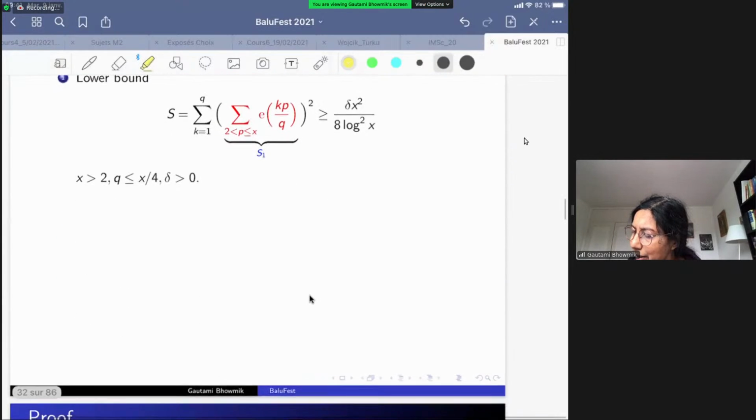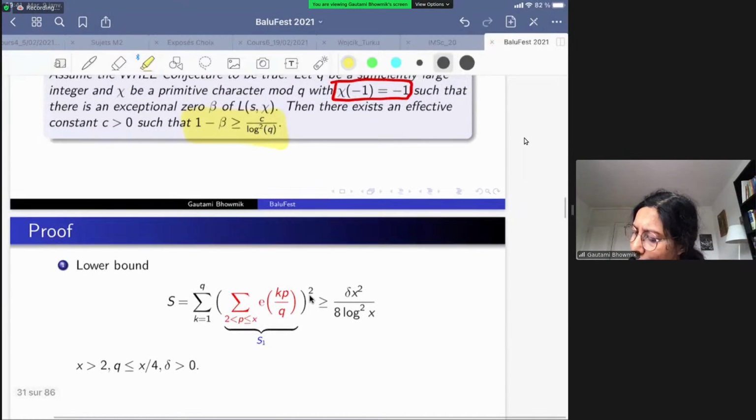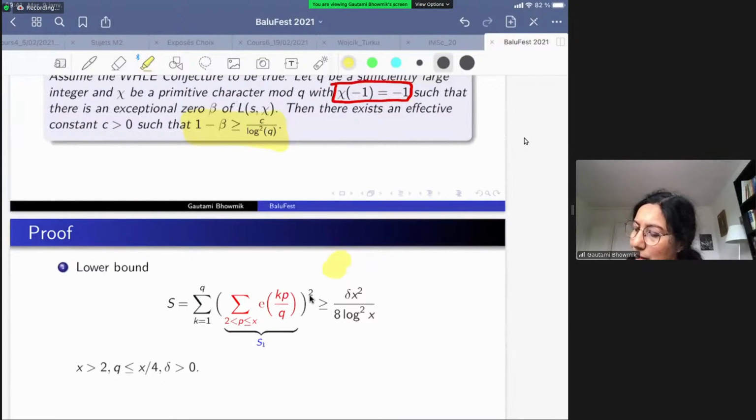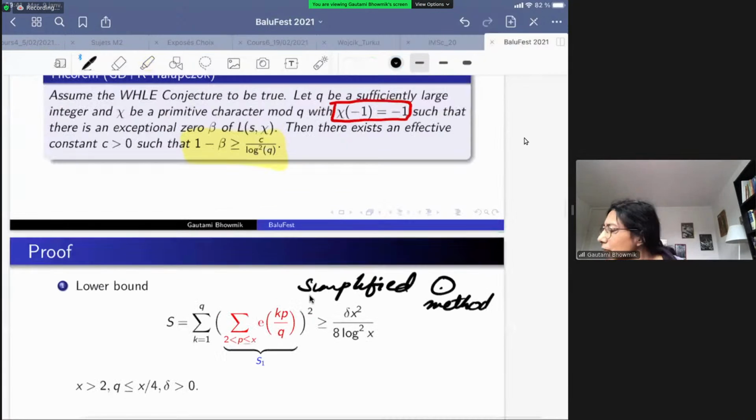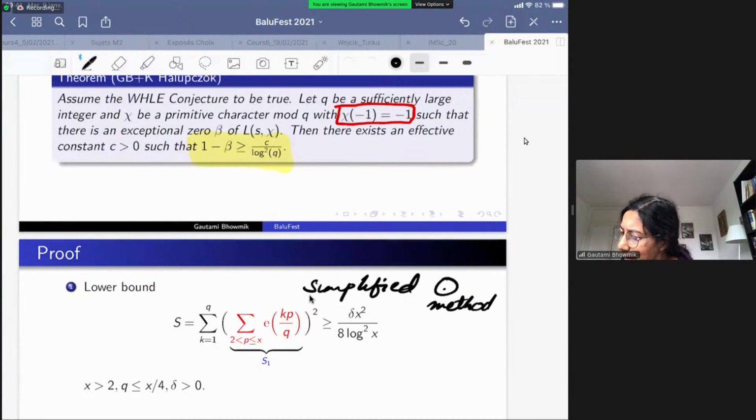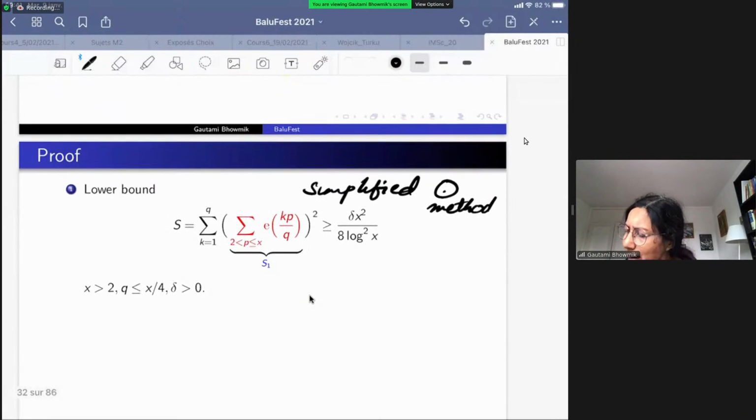The proof uses the simplified circle method, which uses only one modulus, and we use the prime number theorem in arithmetic progression, and then we compare.